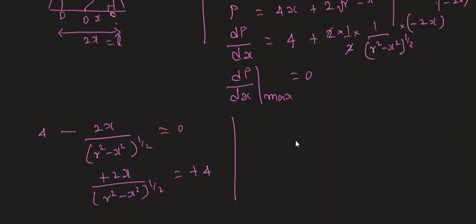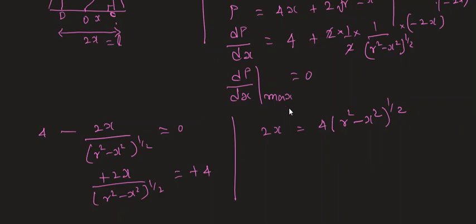So let us bring this to the other side. Therefore 2x is equal to 4 into r squared minus x squared whole power 1 by 2.